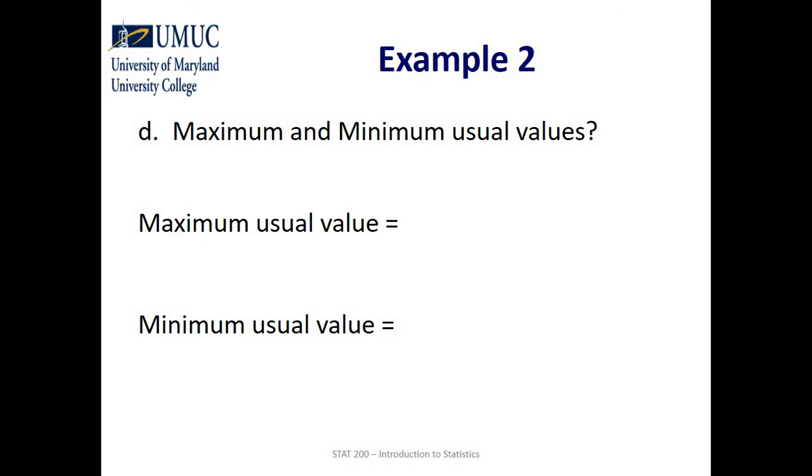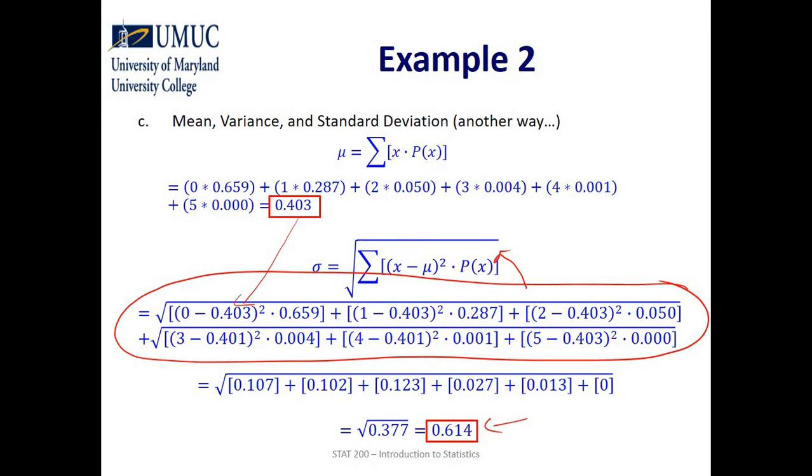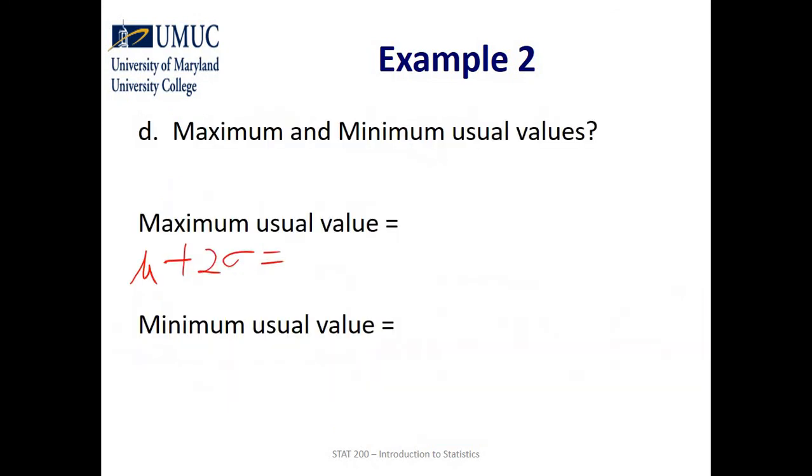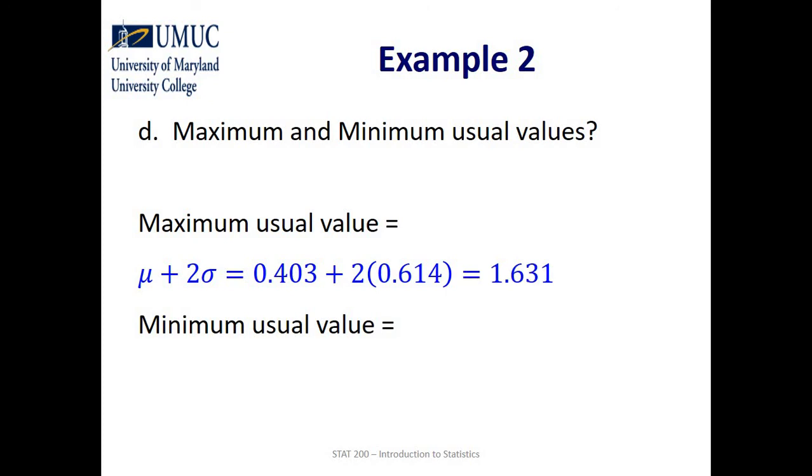Okay, what are the maximum and minimum usual values? Recall our equation, mu plus 2 times sigma gives me the maximum usual value. What's my mu? It's 0.403. What's my sigma? It's 0.614. So 0.403 plus 2 times 0.614 gives us 1.631, unless my math is wrong.